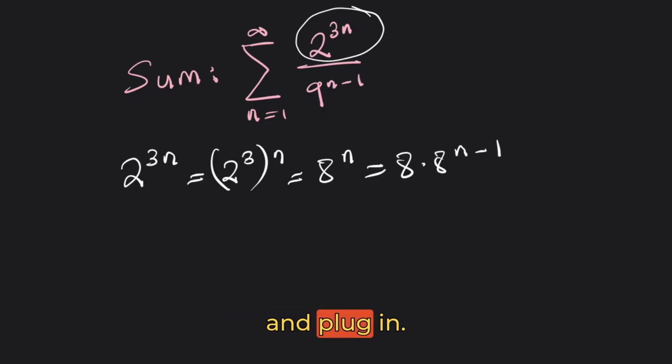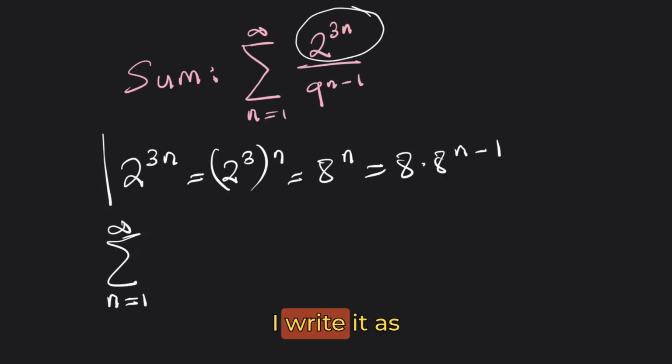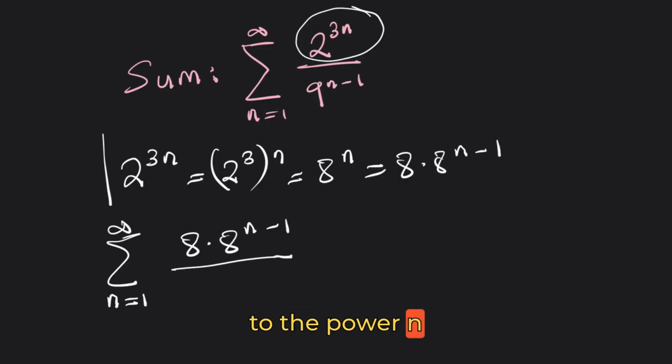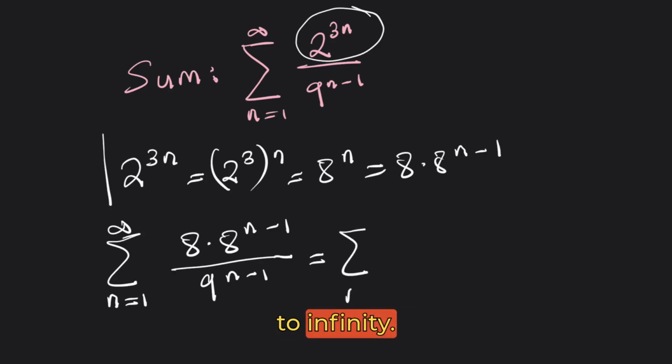Let me go ahead and plug in. So we have the summation from 1 to infinity. 2 to the power 3n, I write it as 8 multiplied by 8 to the power n minus 1, everybody divided by 9 to the power n minus 1. And this is just the same as the summation n equals 1 to infinity.